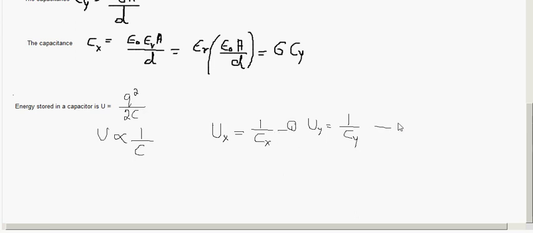Let me call this equation 1 and this equation 2. Now if I divide equation 1 by equation 2, we get Ux by Uy equal to Cy by Cx.